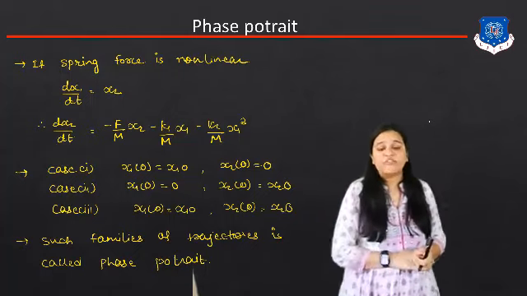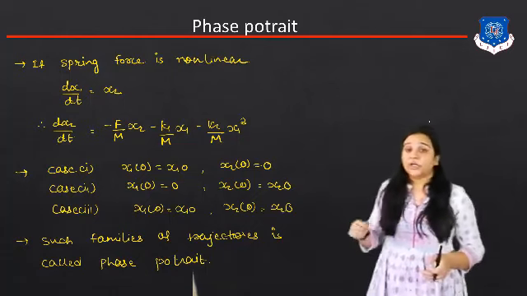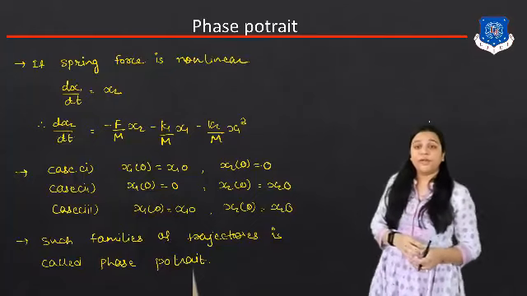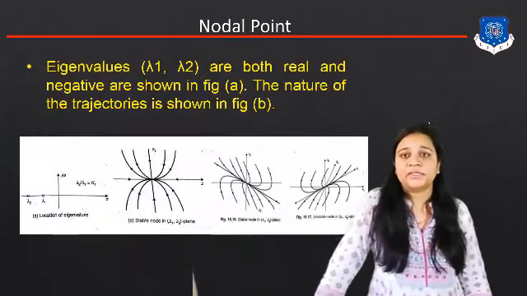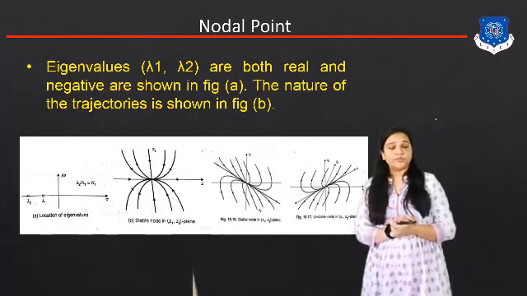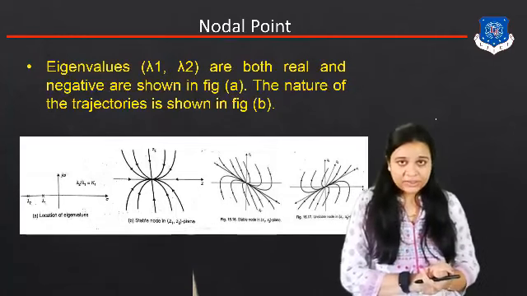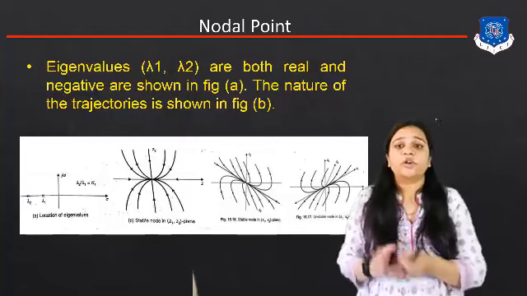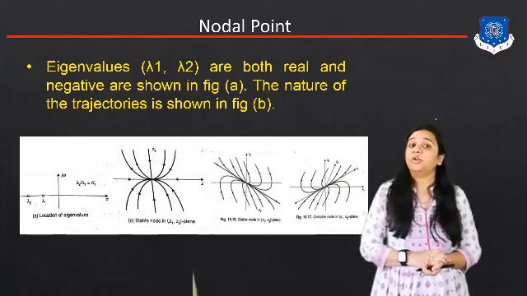In case 3, x1 of 0 is equal to x1 of 0 and x2 of 0 is equal to x2 of 0. Such a family of trajectories is called the phase portrait. Depending upon the spring, we define three cases of the non-linear mechanical system. Depending upon the different types of system, we can find the eigenvalues of this particular system, and then depending upon the position of the eigenvalues, we find different types of singular points in the non-linear system.